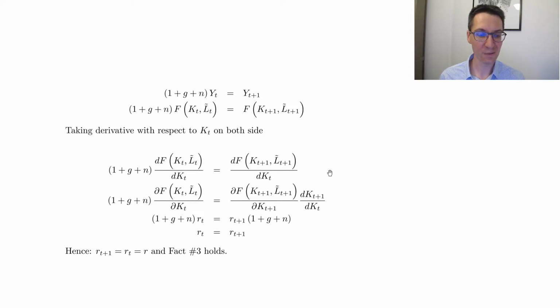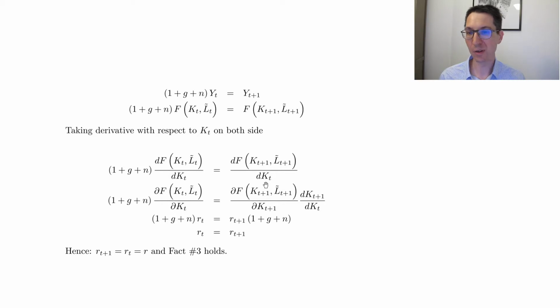And now, note that here L_t is something that is not affected by K_t, something that is just there. It's exogenous in the model. So really what I have to do is take the partial derivative of F with respect to K_t. And here I have K_{t+1} and K_t here.